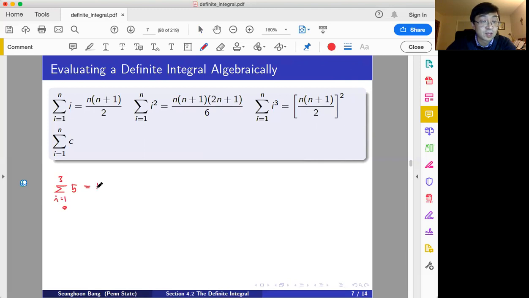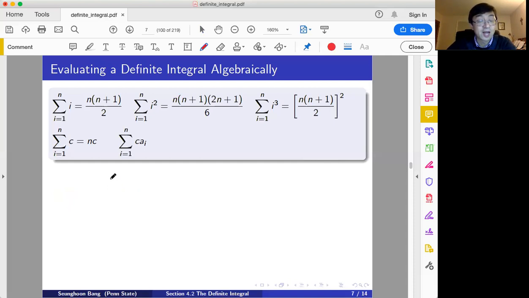The first term is 5, the second term is 5, the third term is 5. Exactly 5 times 3. So the summation from i equals 1 to n of c is exactly c times n. We have one rule: n times c, or c times n.